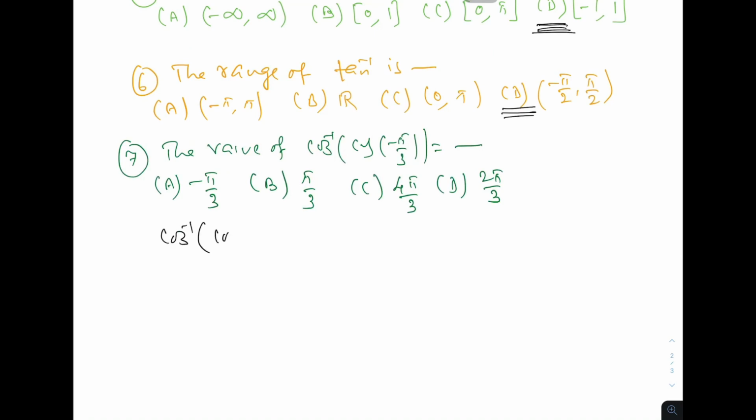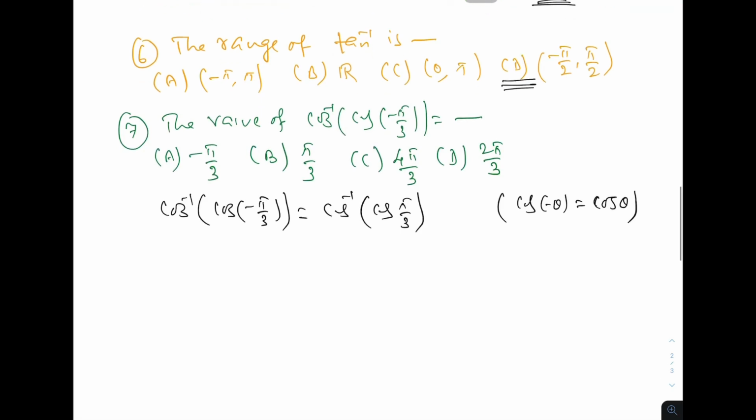Cosine inverse cosine minus pi by 3 is equal to cosine inverse cosine pi by 3, because cosine minus theta is cosine theta, and cosine inverse cosine pi by 3 is pi by 3, because pi by 3 belongs to the closed interval 0 to pi, the range of cosine inverse. So the answer is pi by 3.